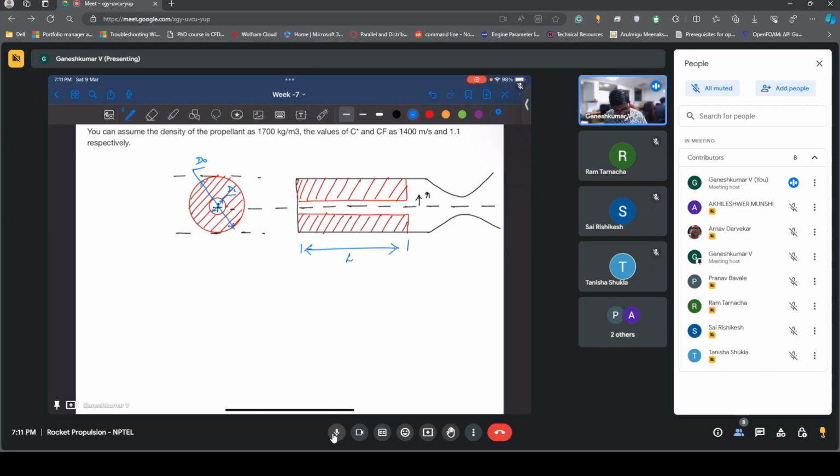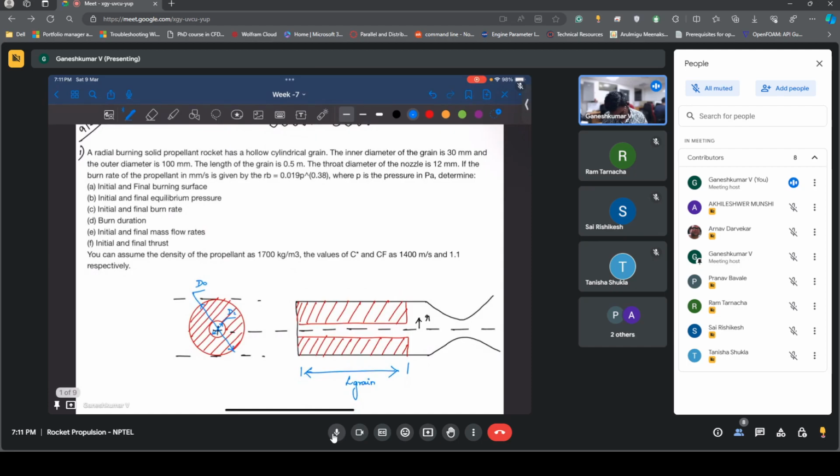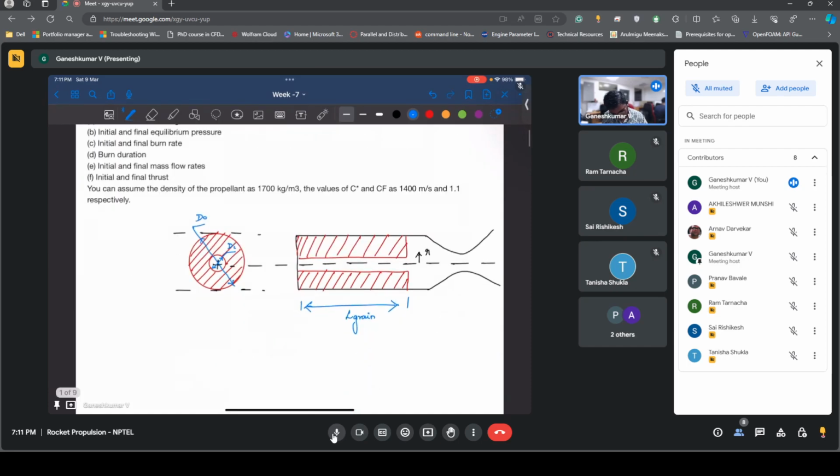All these are going to affect the rocket thrust and also the pressure. What else is given? Outer grain, inner grain, length of the grain, and the nozzle throat diameter.